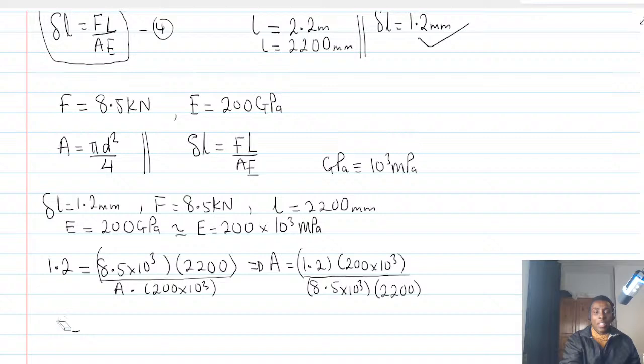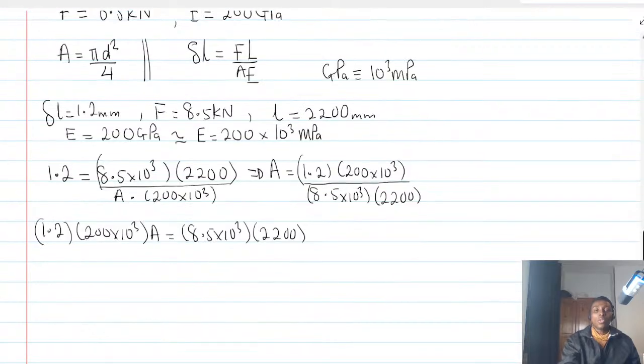No, let me check this again. Sorry, let me check this again. So 1.2 multiplied by 200 times 10 to the power 3 multiplied by the area is 8.5 times 10 to the power 3 multiplied by 2200. Oh, sorry.